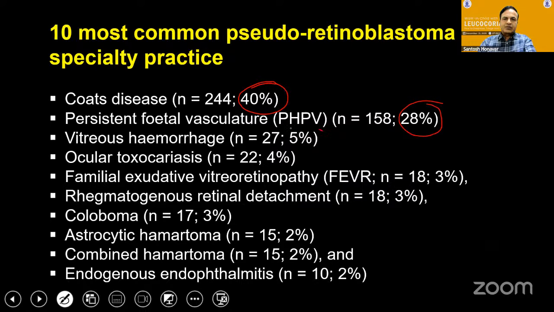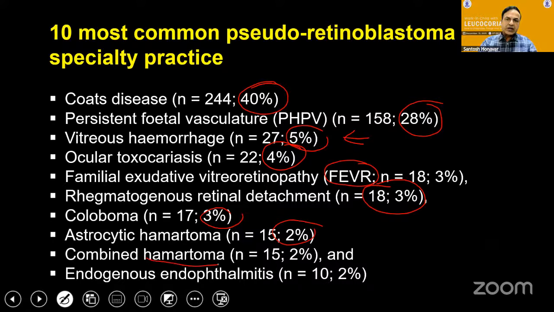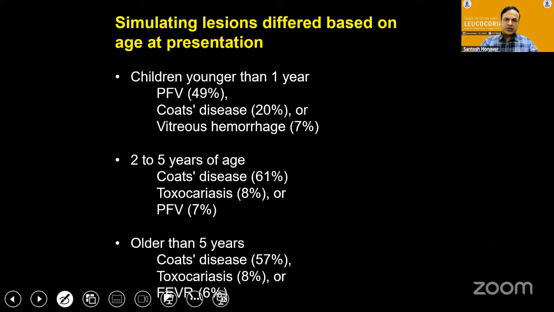And for some reason, vitreous hemorrhage seems to be quite prevalent in Western countries, followed by ocular toxocariasis, FEVR, even rhegmatogenous retinal detachment finds a place, coloboma, astrocytic hamartoma, combined hamartoma, although it is not leukocoria, it's altered red reflex, and endogenous endophthalmitis. This is the 10 most common pseudoretinoblastoma in a specialty practice in a Western situation.